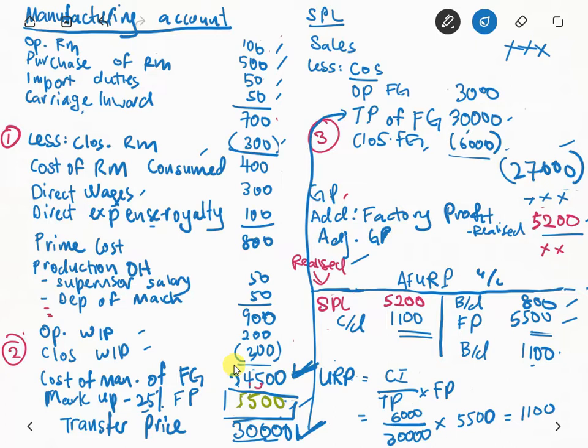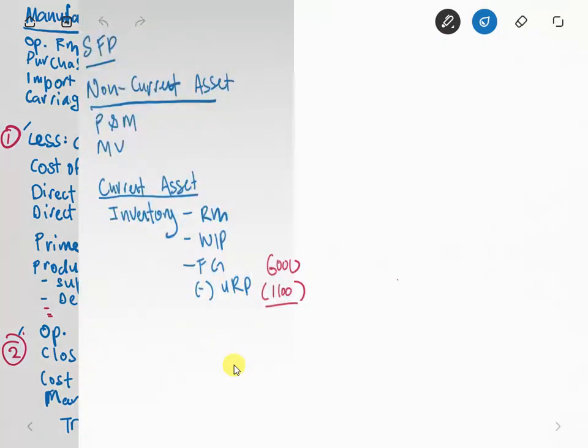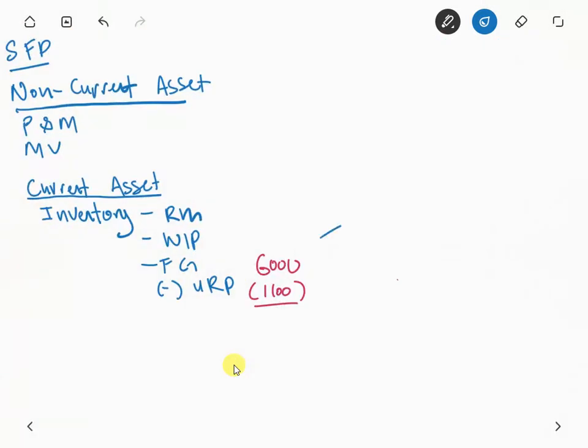Then what happens to your closing inventory? We have closing raw material, closing WIP, closing finished goods. And what do you do with this 6,000? You must minus your unrealized profit. Closing raw material, closing WIP, closing finished goods, less your unrealized profit.